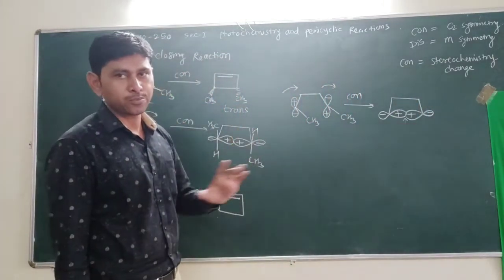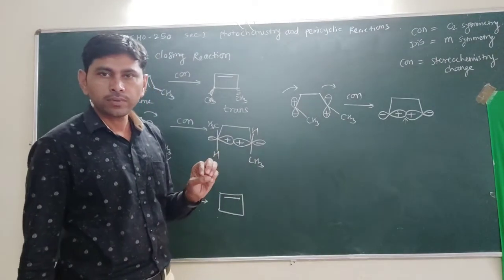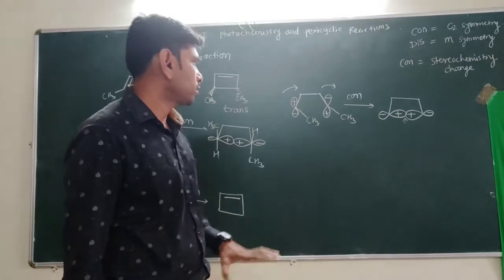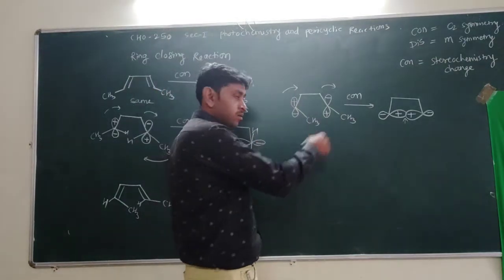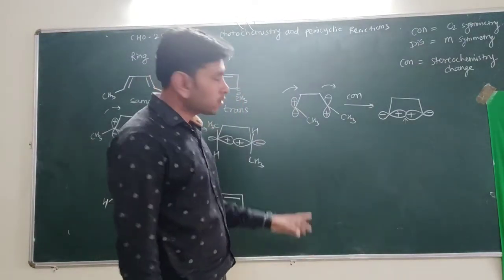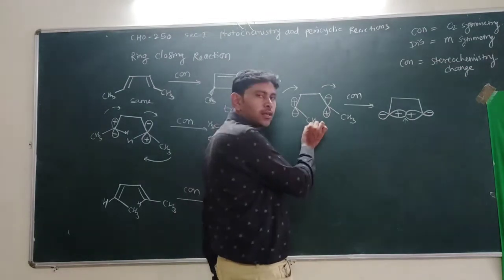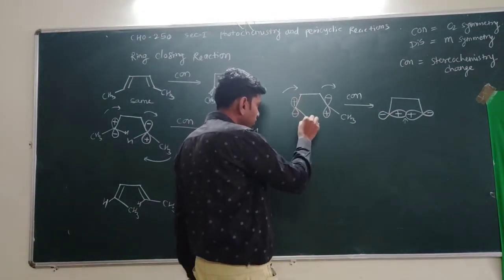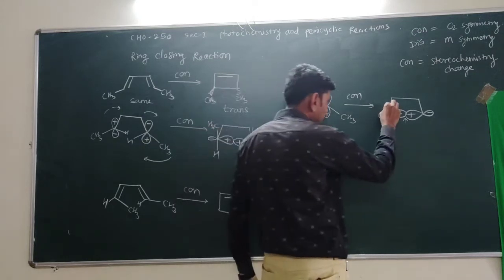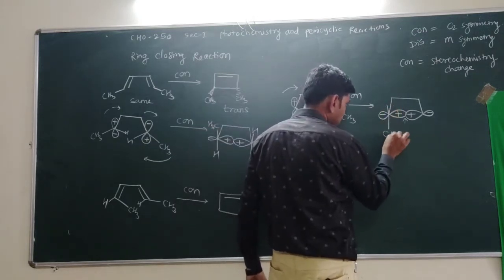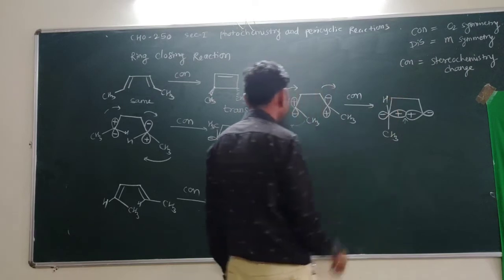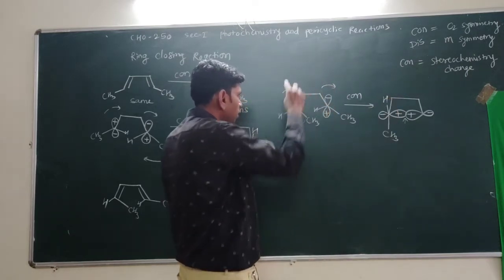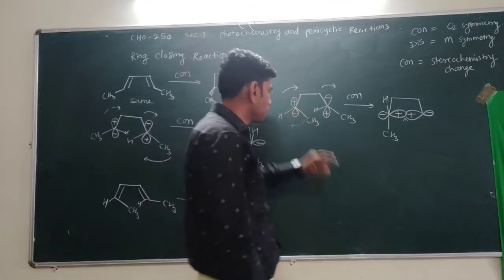Now look at the groups, because we are studying what position they take after the rotation. Here CH3 is there. By conrotatory motion, this CH3 takes the position where, when rotated, H goes in the upward direction and CH3 goes here.